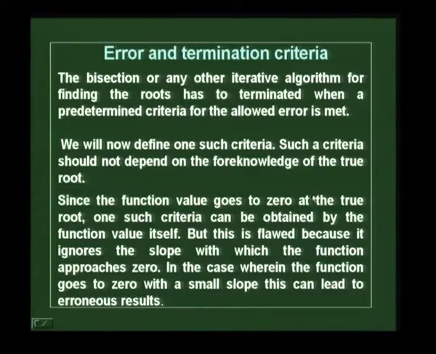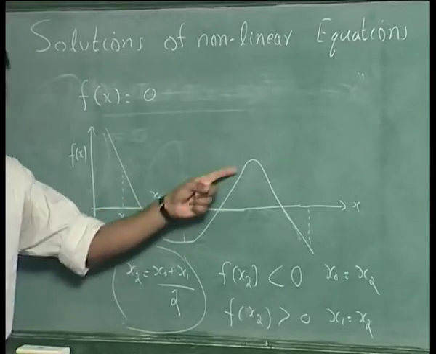Since the function goes to 0 at the true root, one such criterion is the function value itself. Now here there is a problem. In this kind of function, it might work well.